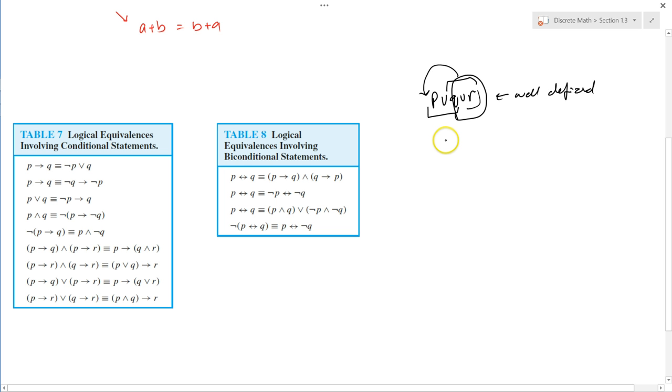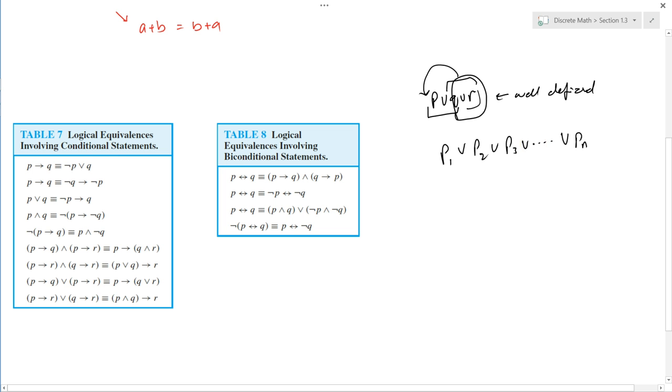So if we extend this, because this is well formed, we can say that if we have several proposition values, say P1, P2, P3, until we have Pn, so if we have n different values, then this is also well formed.